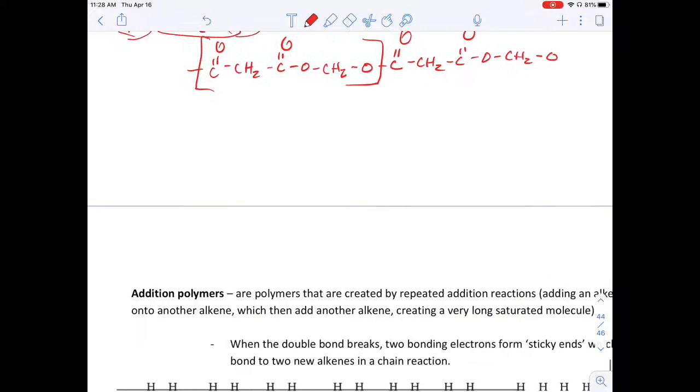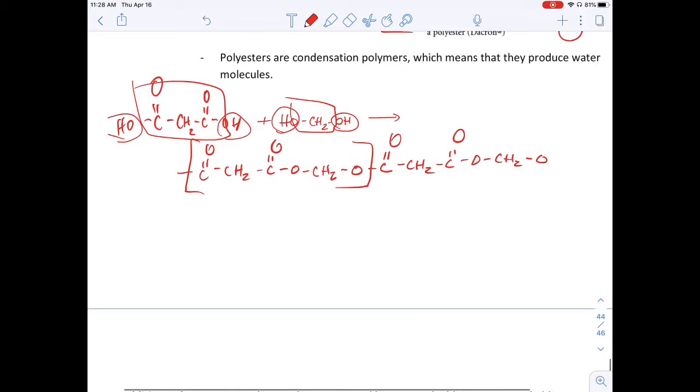Another arrangement would be, instead of having a diol and a dicarboxylic acid, I could have one sort of thing that's a carboxylic acid on one end and then an alcohol on the other end.